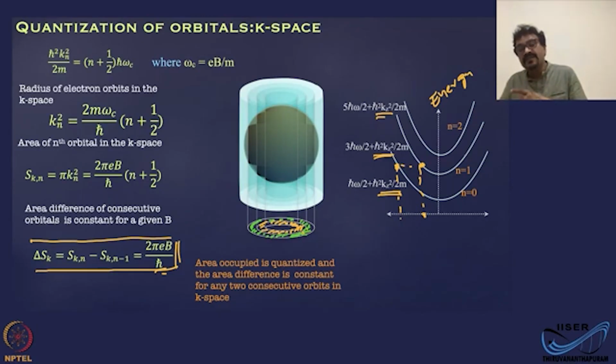But the transition from n equal to 1 to n equal to 0 is possible if there is a motion, or there is scattering allowed, in the z direction. Then that actually can scatter from the n equal to 1 state to the n equal to 0 state. That is possible. Okay.